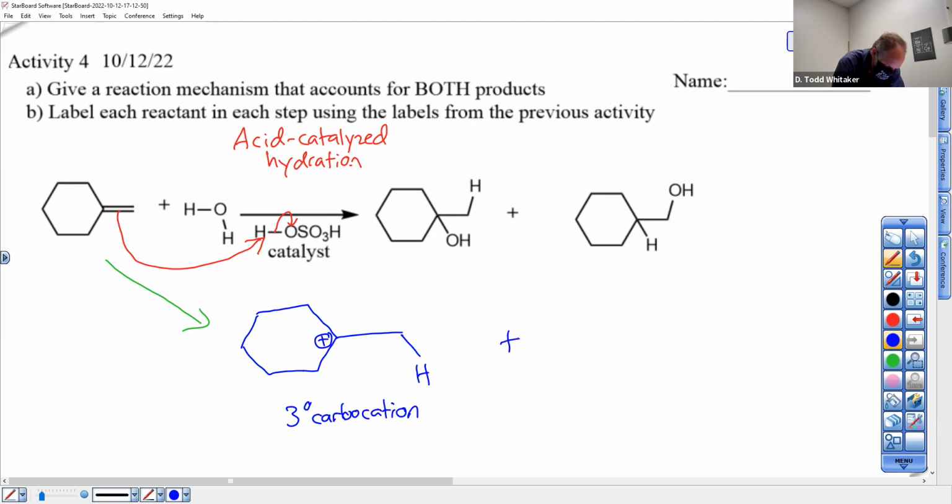And the other one put the H on the middle carbon. By the way, I don't even need to see these H's in the mechanism, right? You can leave those H's off. The stick figure H's don't have to be there. But you're learning this for the first time. It's nice to know where the H went and then later on where the OH went.